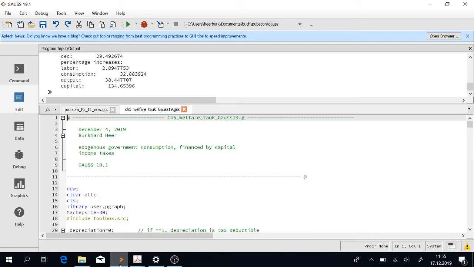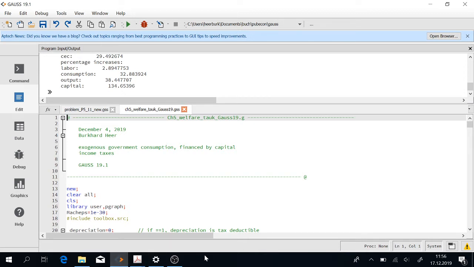One is for more recent versions of Gauss, so it has the suffix Gauss 19, and the other one is without. The more recent versions of Gauss just use new commands, graphics commands, and I will apply this version here. I use Gauss 19.1, so therefore I use the program chapter 5 well4tau_k Gauss 19.g.